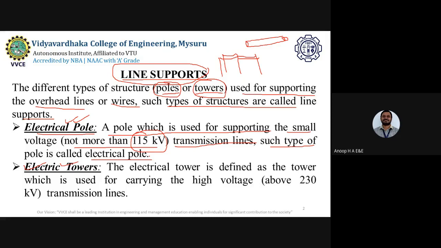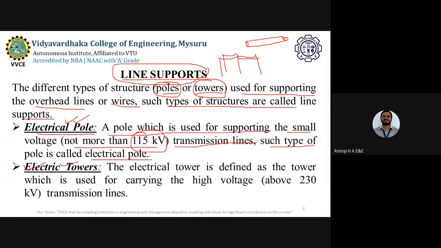As an engineer, you should know when you need to use the term electric pole and when you need to use the term electric tower. All those concepts have to be kept in mind, because failing to do so would make it quite difficult later on. So see to it that you understand each and every concept we are dealing with here. That is the reason we call it an electric pole.